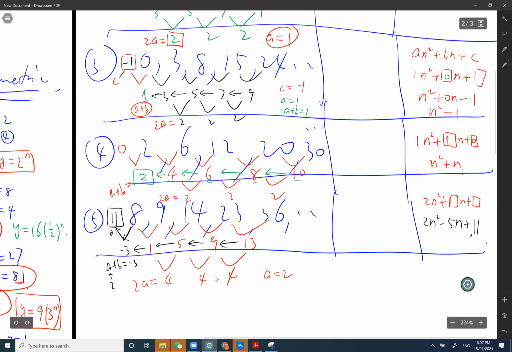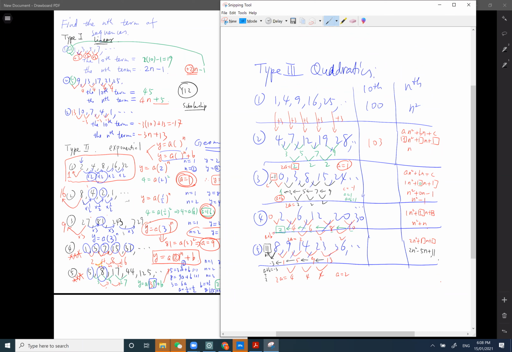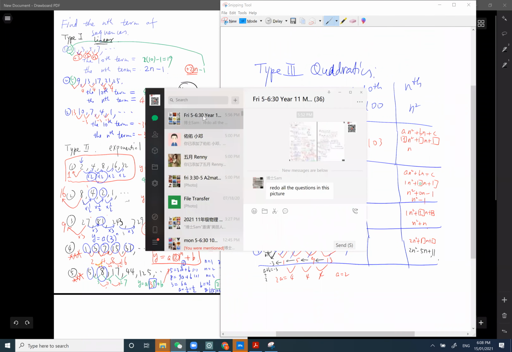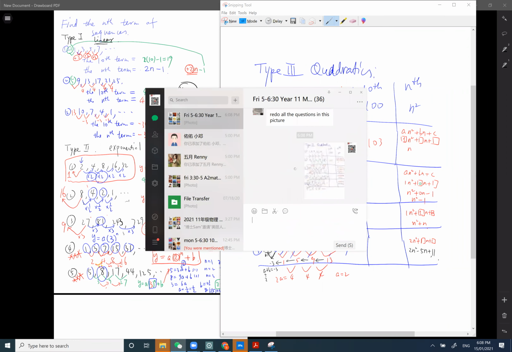Cubic is always just cubic, they don't give you a very hard cubic. If they give you a hard cubic, they give you a hint. If there is a question, we can do it.